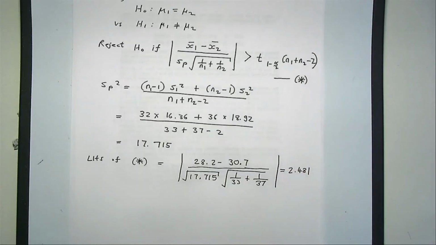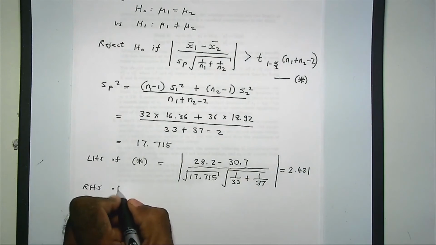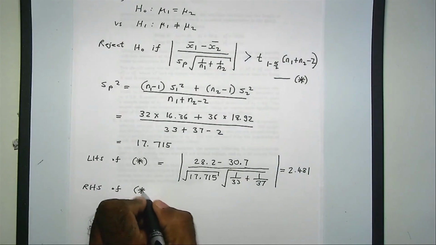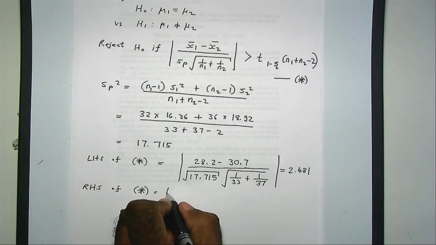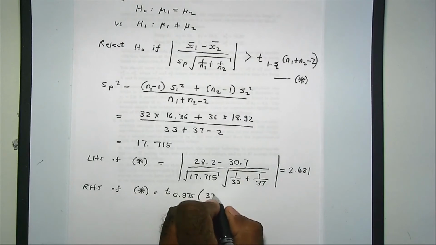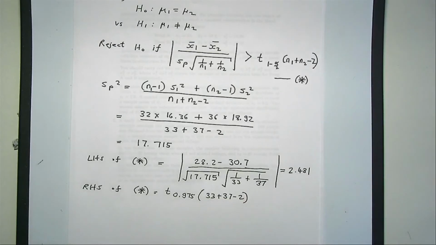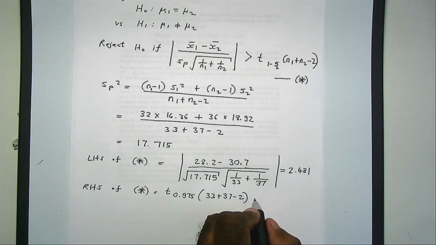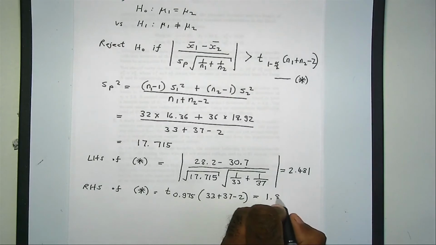Okay, and the right hand side of star is the percentile of the t distribution, which is t 0.975 at 33 plus 37 minus 2. You should be able to read this off the table, and this will be equal to 1.995.